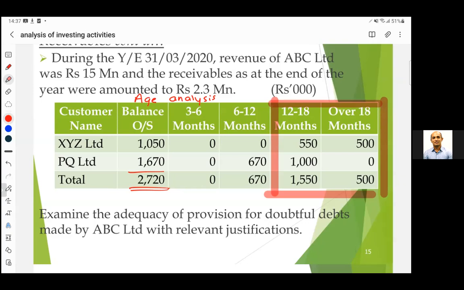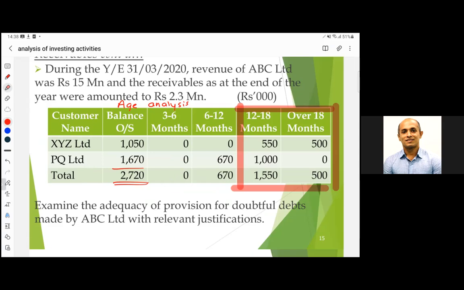Right. Now you see all these indicate collection risk of your company is higher than that of the competitors.